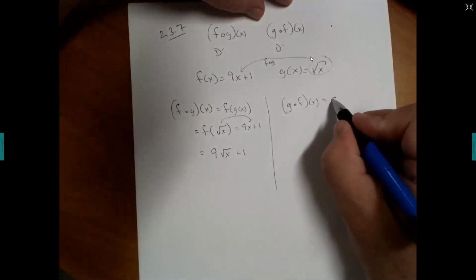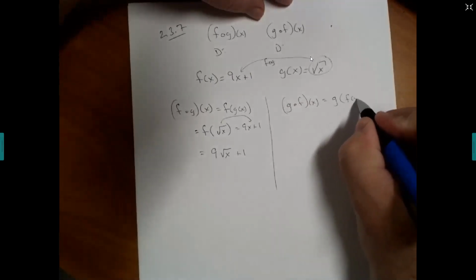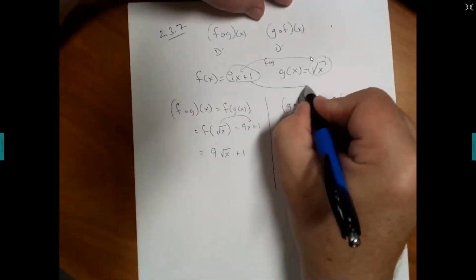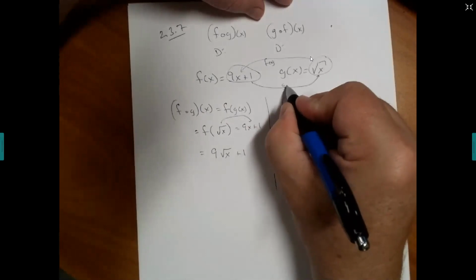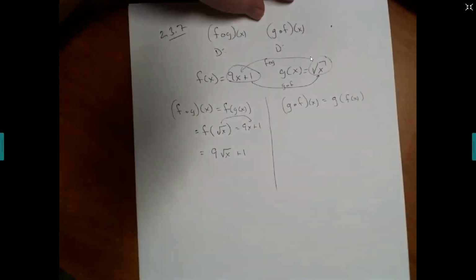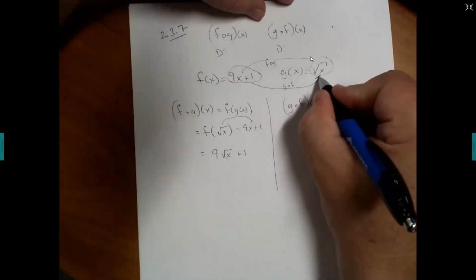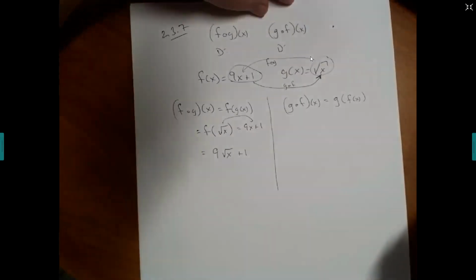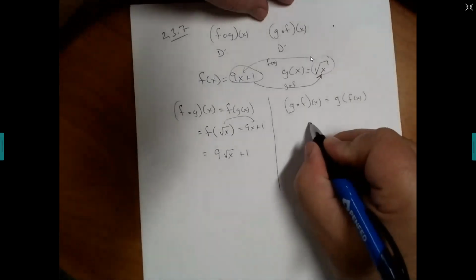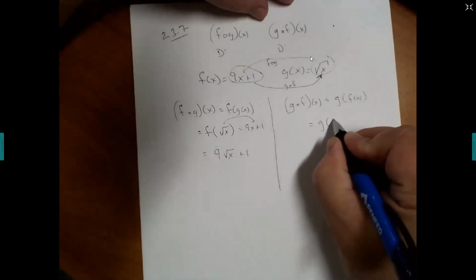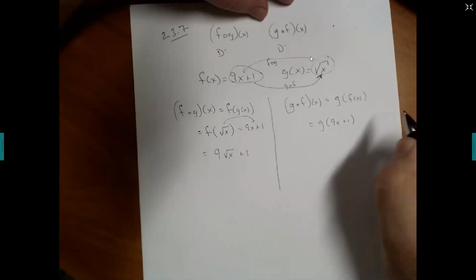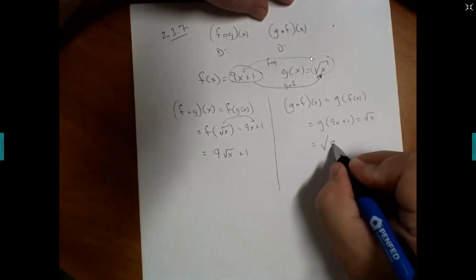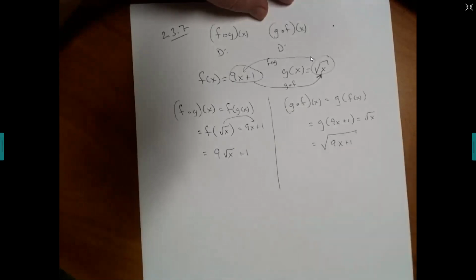And the other one is g of f of x. That means this function, anywhere I see an x, the function f goes inside it. That's Goff. So I have g of 9x plus 1 equals the square root of 9x plus 1.